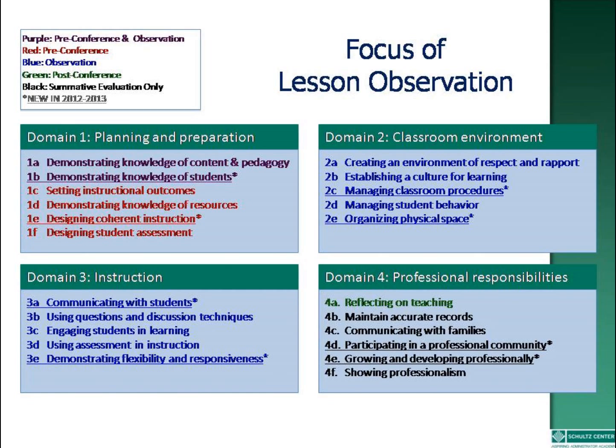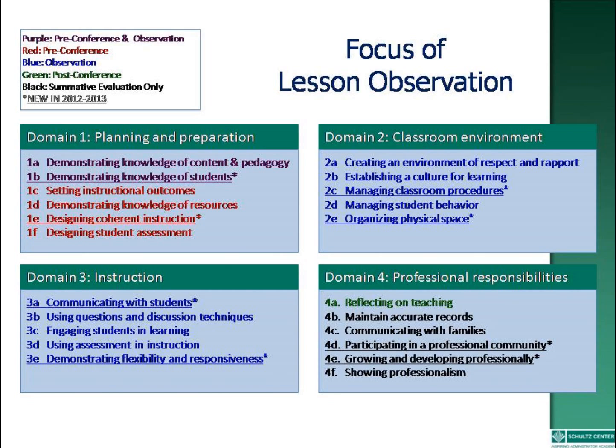Evidence to rate the components in blue comes mostly from the observation. Evidence to rate the components in red comes mostly from the pre-observation conference. Component 1A can be rated by both the pre-observation conference and the observation.